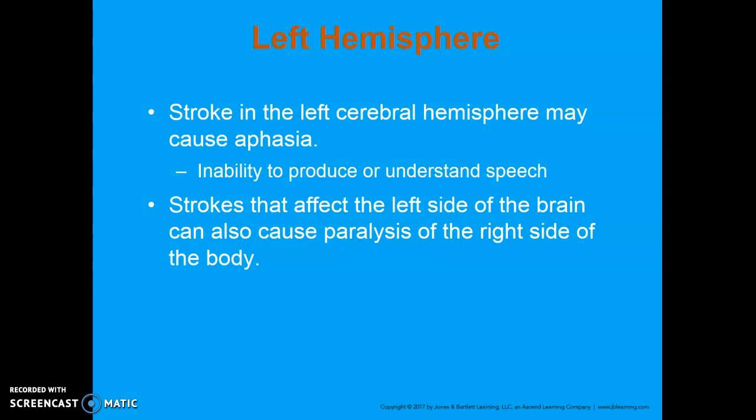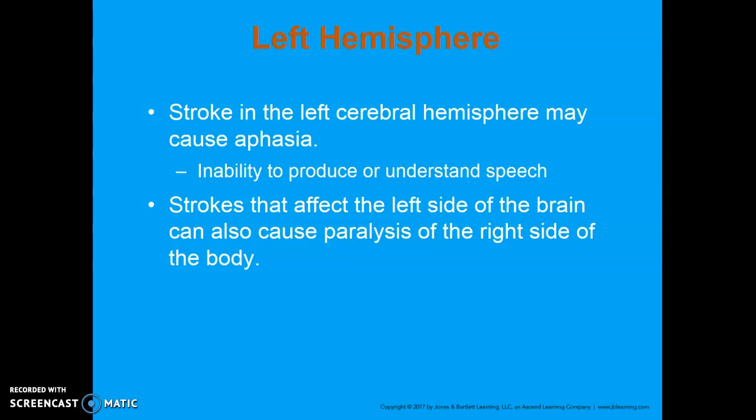So when we're talking about the left hemisphere, so that left side of the brain, stroke in the left cerebral hemisphere can cause aphasia because there's an area in the brain right there in that left cerebral hemisphere that deals specifically with the ability to produce and understand speech.